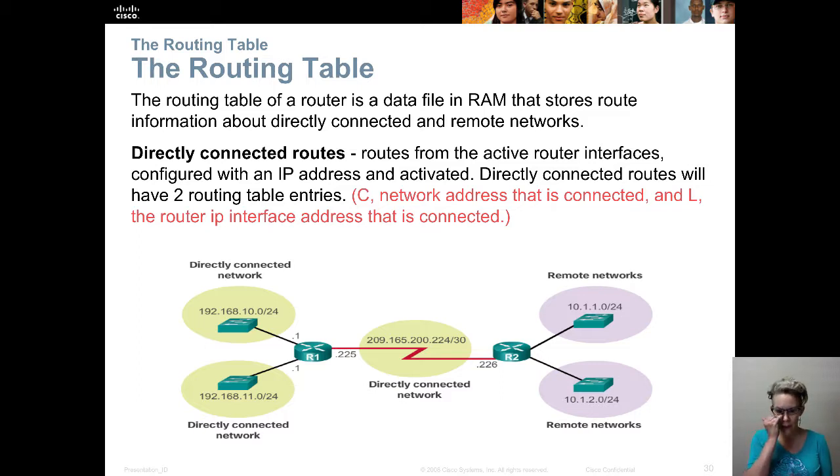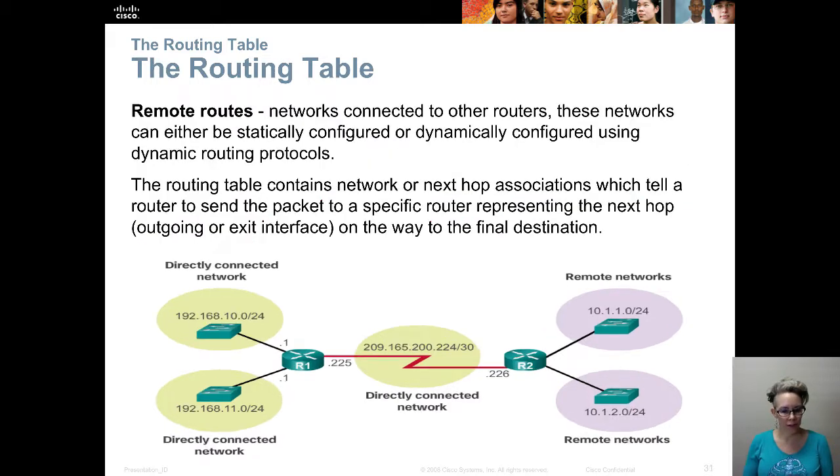It's directly connected. It knows it's there. In the routing table, you'll see 2 different entries for directly connected routes. You'll see a C, which is the network address, and the L will be the router IP interface address, which we also know as what? The default gateway.